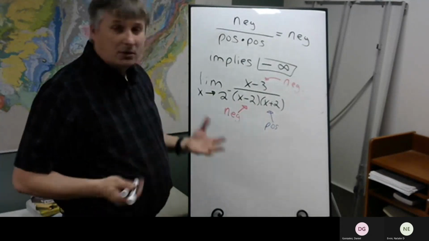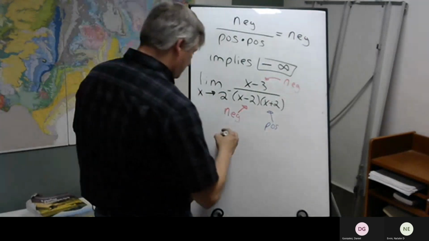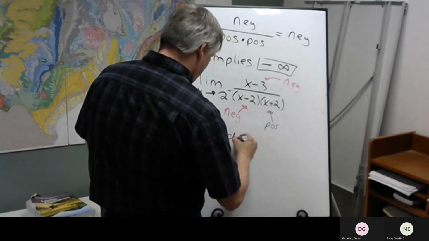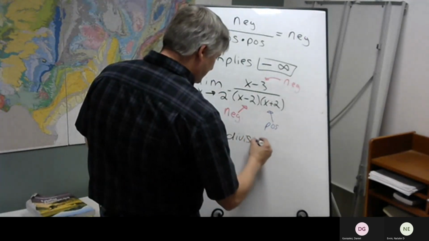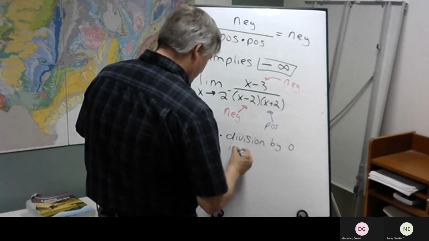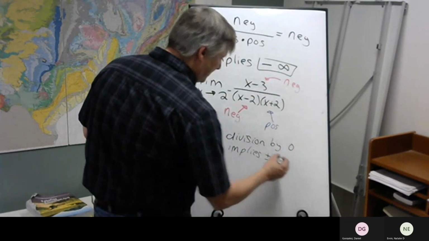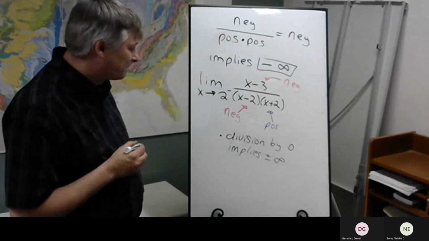So what's going on here? Well, again, as x gets closer to 2, we're looking at a division by 0. We're implying a plus or minus infinity here.